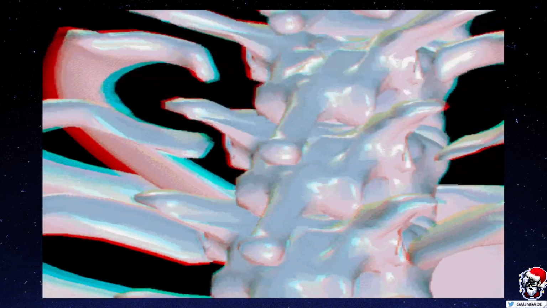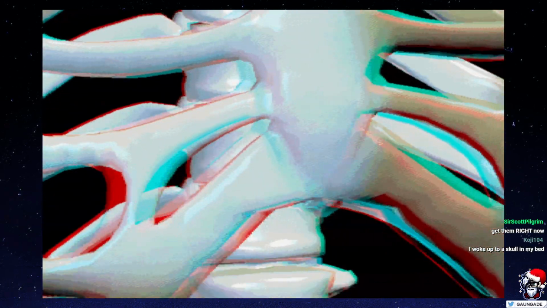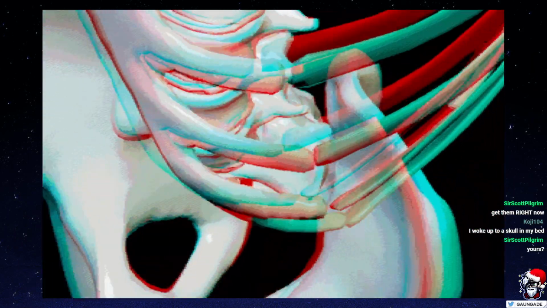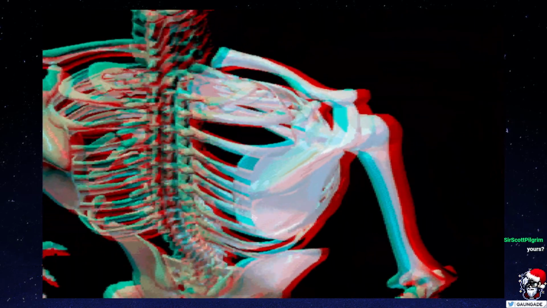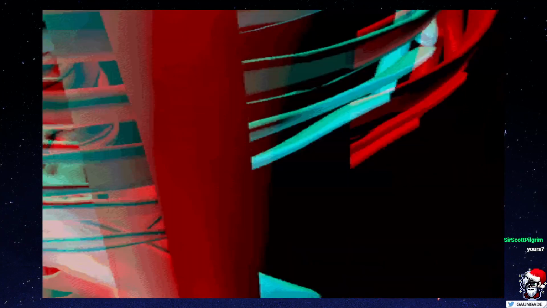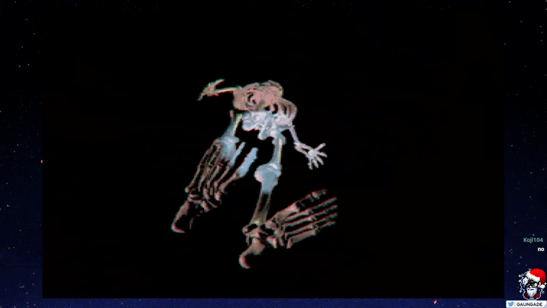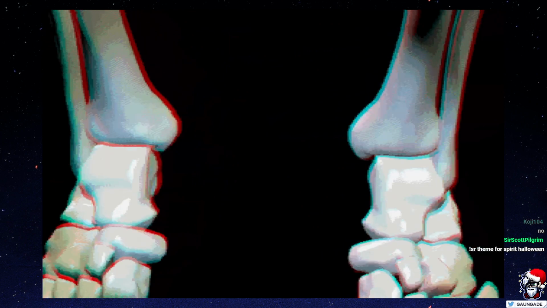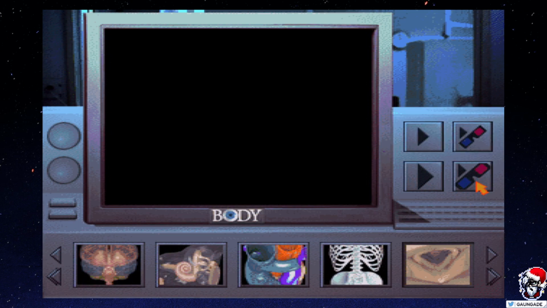Look at that. There's a giant fucking Jurassic skeleton in my room. Lumbar spine. When you visit Spirit Halloween for 1 second. Scapula. Holy shit, that angle. Tibia. Tibia. Yes, the center of the spine.